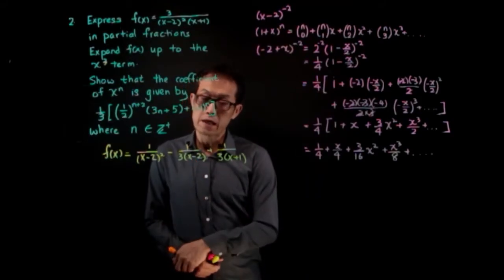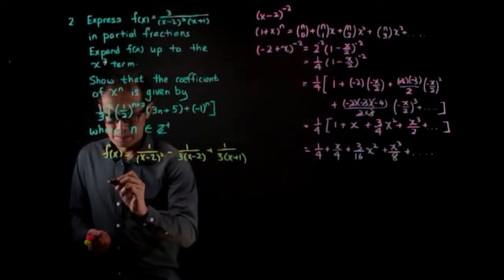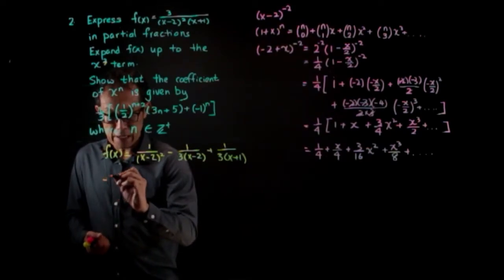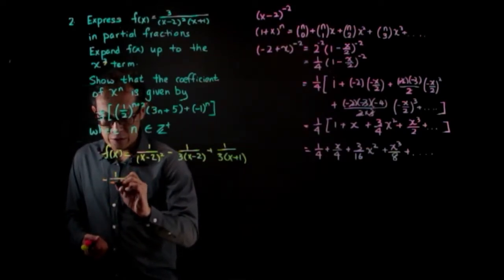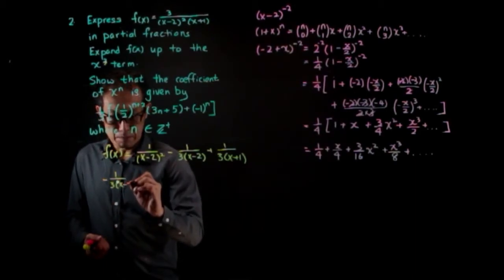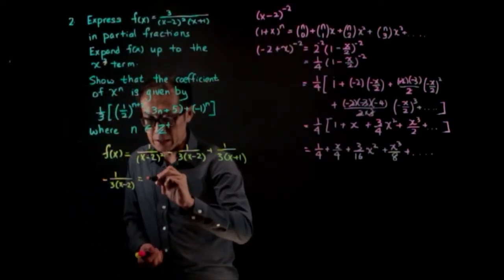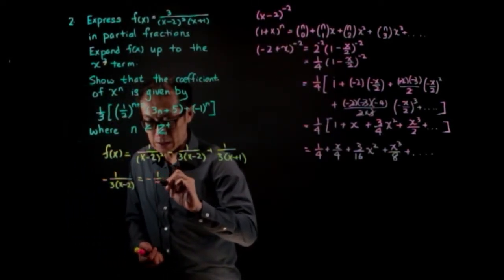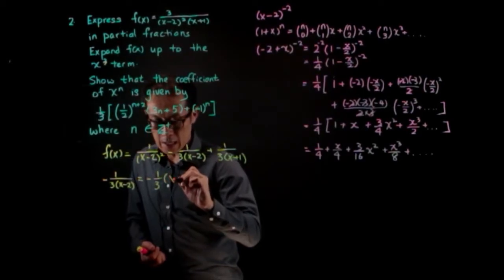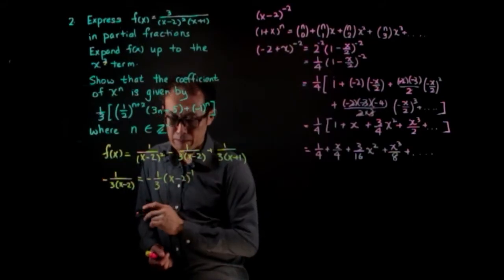Okay, let's now try to expand the second term. So you have minus 1 over 3 times x minus 2. This one can be rewritten as minus 1/3 x times x minus 2 to the power of -1.